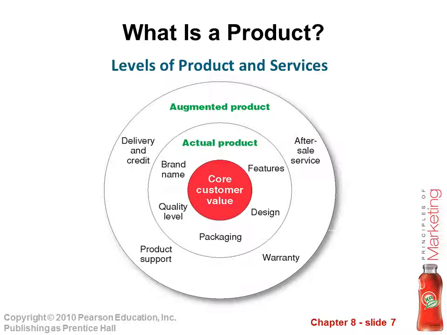The core customer value is the most important level. The actual product includes brand name, quality level, packaging, design, and features. The augmented product level has delivery and credit, product support, warranty, and after-sale service.